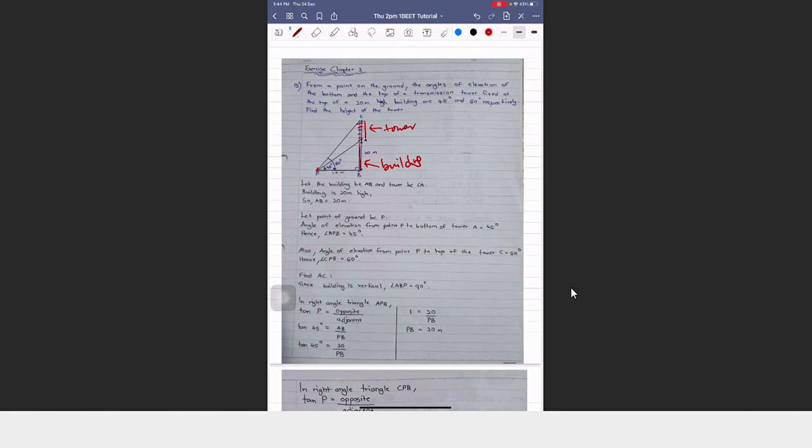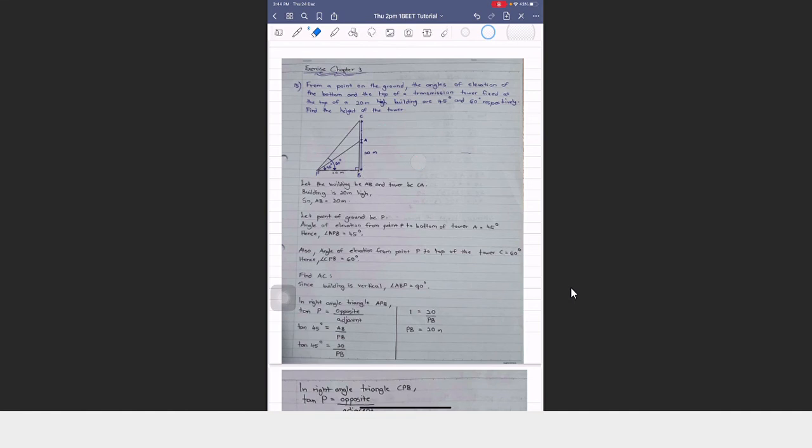One is 45 degrees, the angle of elevation from the point P to the top of the building. Another angle of elevation is from the point to the top of the tower, the whole angle here, which is 60 degrees. So this is the diagram.